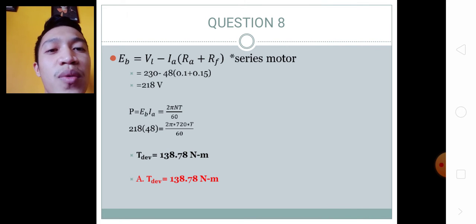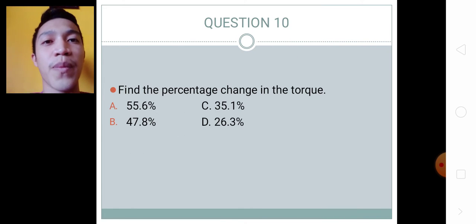So T developed equals 218 times 48 times 60 over 2 pi times 720. We should have a torque developed of 138.78 Newton meters.